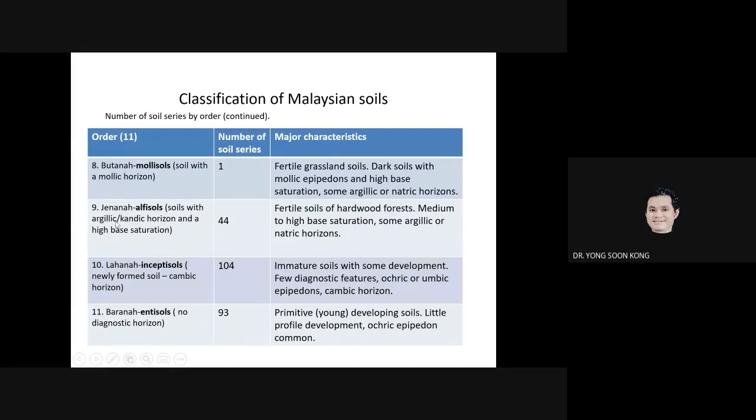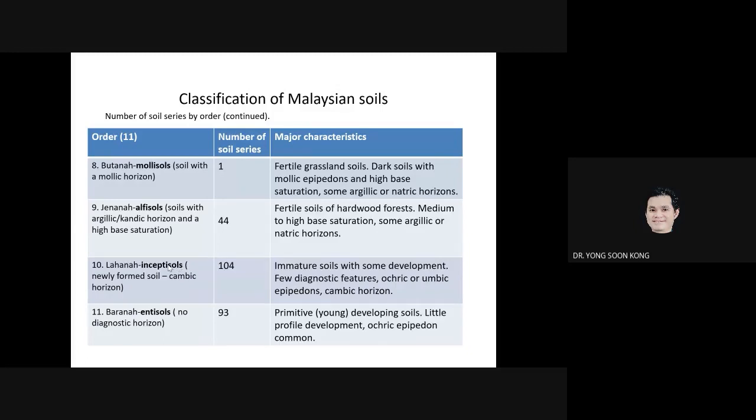Alfisol, they have argillic and candic horizon, but contrary to all those weathered and highly weathered soil, this one has high base saturation. For some reason, maybe due to its nature or its formation. So this one is good for agriculture and is fertile hardwood forest. So not all forests have low base saturation. Some of them may be high, some of them may be low. So it depends on the nature of the soil.